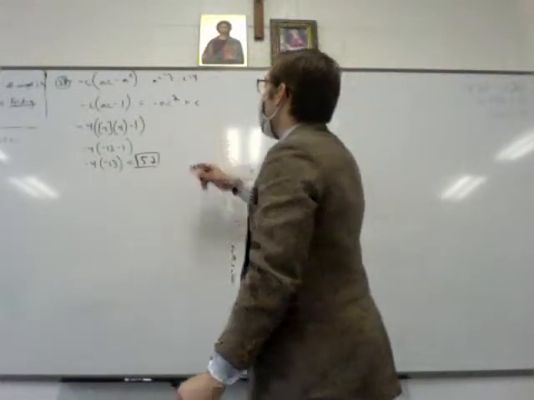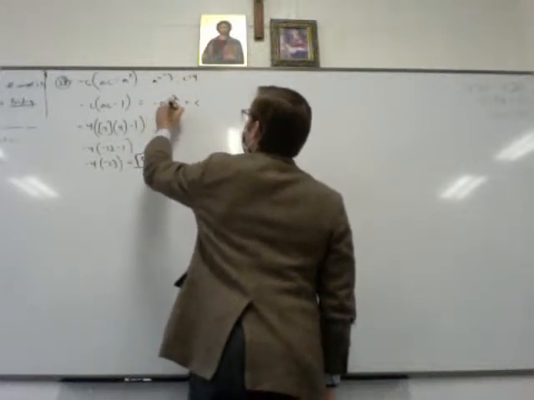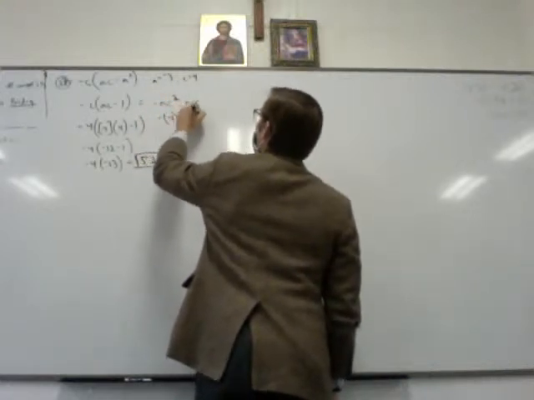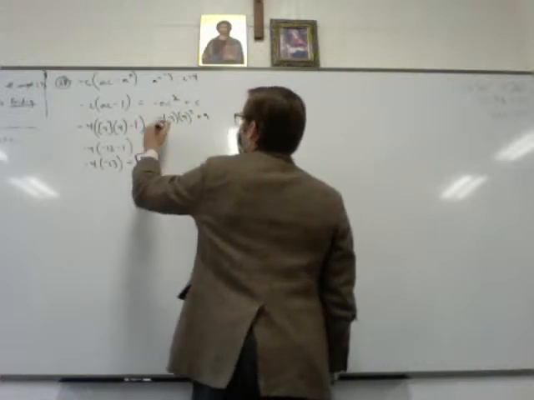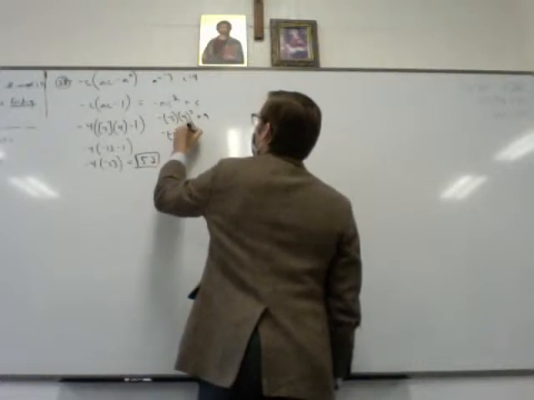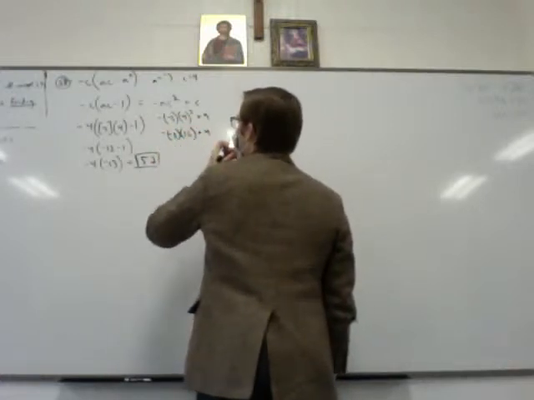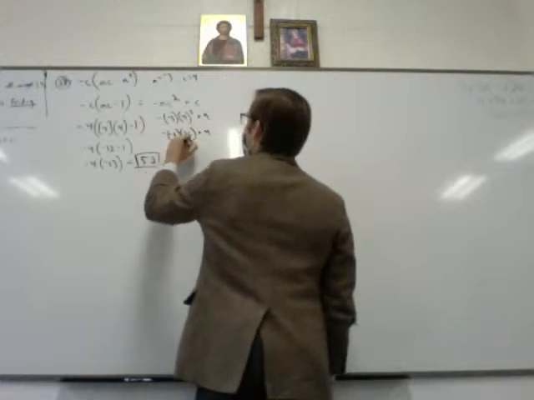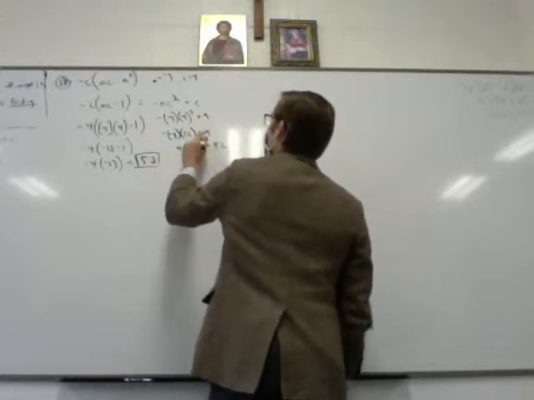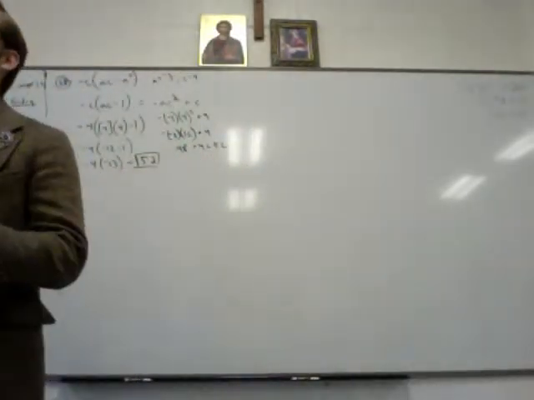Then plugging in, we get negative 3 times 4 squared plus 4. First we do the exponent, then the multiplication. Negative 3 times 16 is negative 48, plus 4 is negative 44. So you could have done that also.